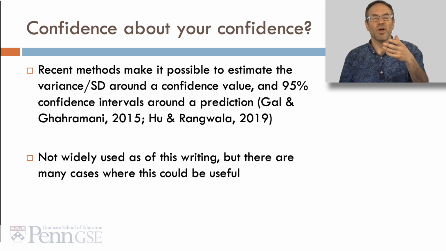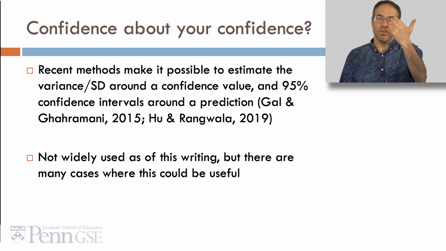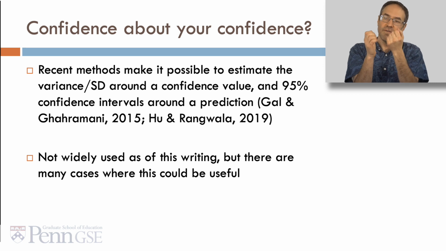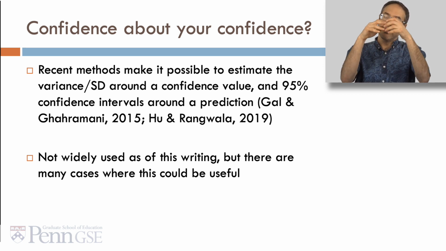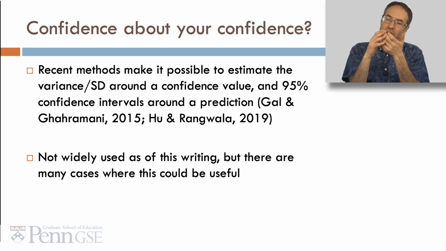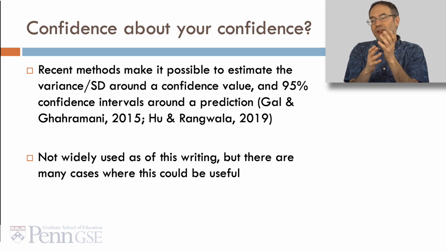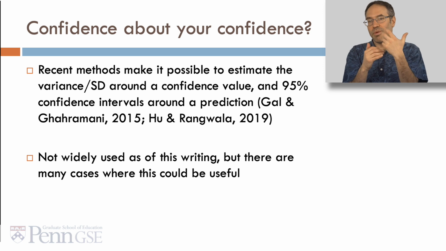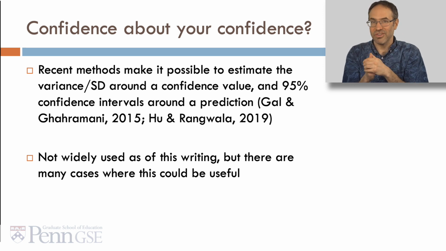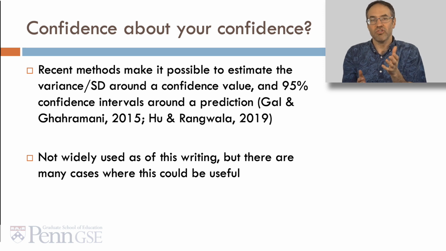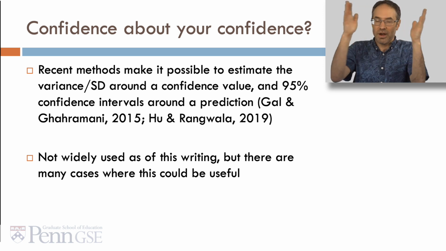Another cool recent development is confidence in your confidence. A lot of the classic ways of assessing confidence have to do with the model's proportion of cases where a certain decision is right. But that often can overestimate how certain the model actually is in its confidence. And recent methods make it possible to estimate the variance or standard deviation around a confidence value, and a 95% confidence interval around a prediction.